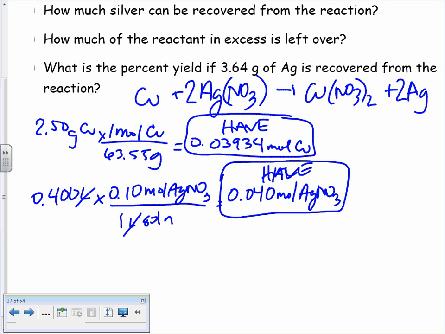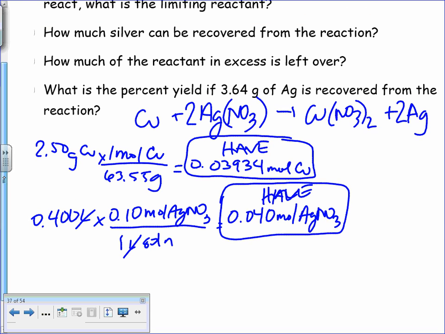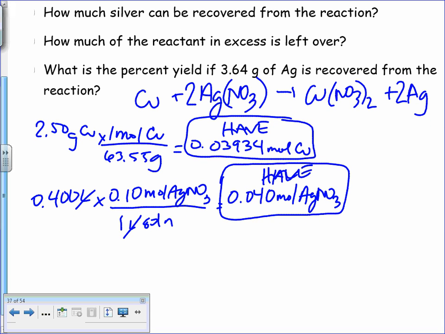Mole ratios. And this is going to tell me how much I need of the opposite reactant. So basically, if I have that much copper, I need a specific set amount of silver nitrate to fully react all of it, because it reacts in a 2-to-1 ratio. So how do I indicate that here? How did we do it yesterday?